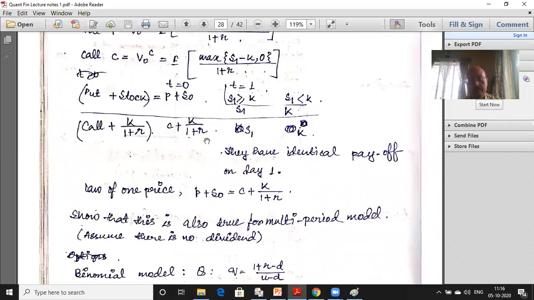Correct? Now, this is dependent on applying the interest rate at the end of each period. So basically, I am applying the interest rate at the end of period 1, period 2, period 3, etc.